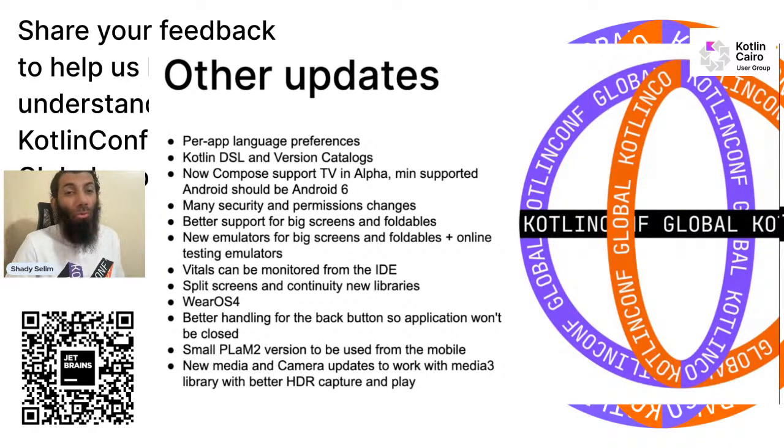Split screens and continuity, new libraries. So now we can split our application, as I mentioned with foldables, and test how our application works on split screens. And not only that, we can test our application with continuity. What is continuity? Whenever you are opening or closing your mobile, there are actually 3 screens in these foldables.